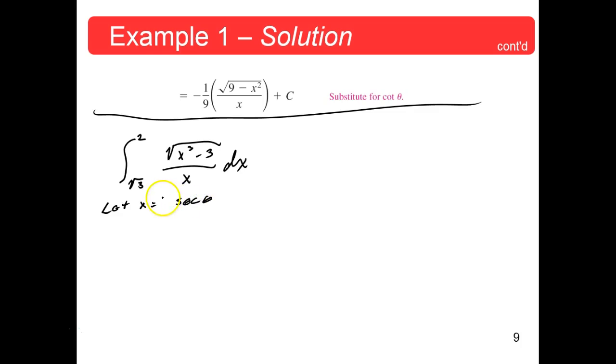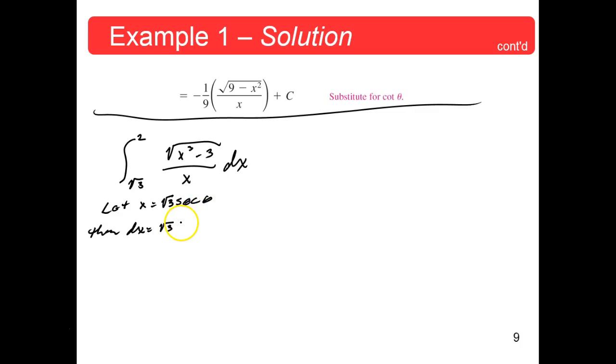Not quite 3, the square root of 3, because that has to be the square of it, right? Okay, so that's that. Then dx is equal to square root of 3 and what?